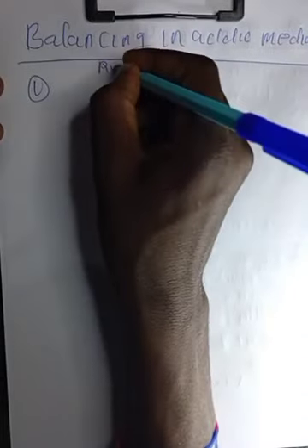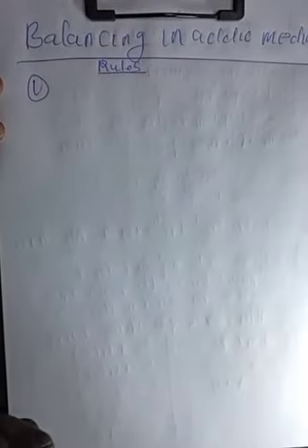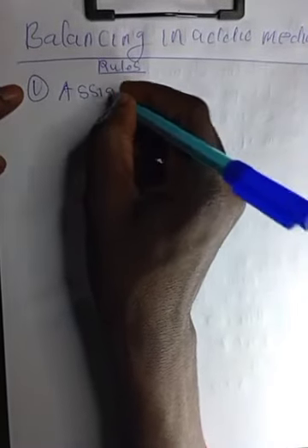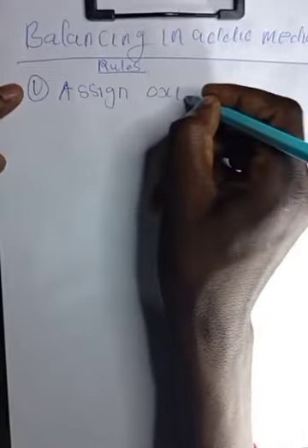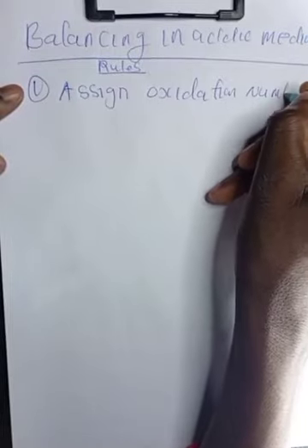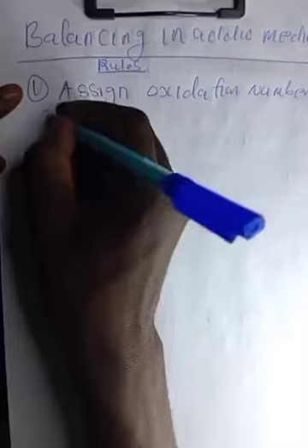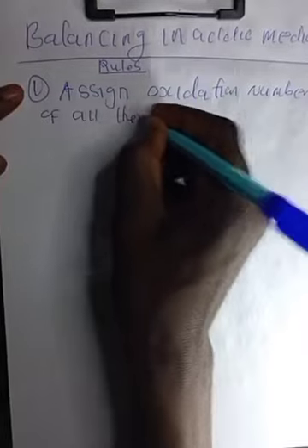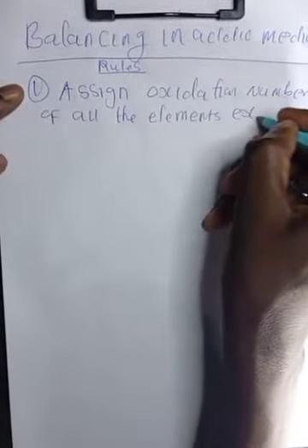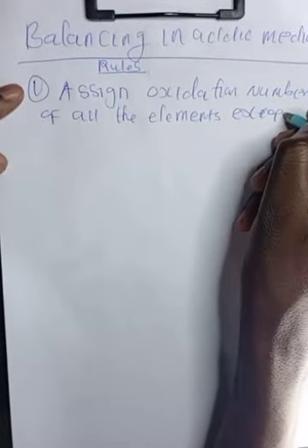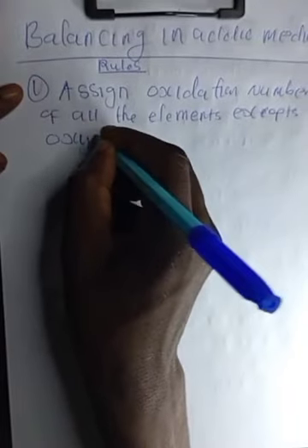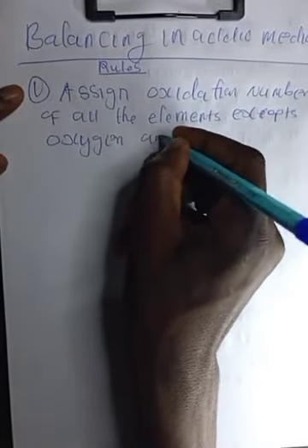Rule number 1 is that, like from the previous thing we have been doing, assign oxidation numbers of all the elements except oxygen and hydrogen.